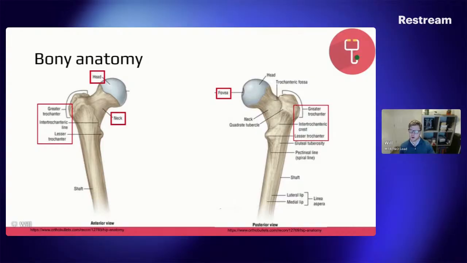One more point of anatomy on the posterior aspect that's useful to know about is the linea aspera. There's a lateral and a medial lip, and these are rough areas that serve as sites for attachment of muscles, specifically on the posterior aspect, the hamstrings, all the way down the femoral shaft.